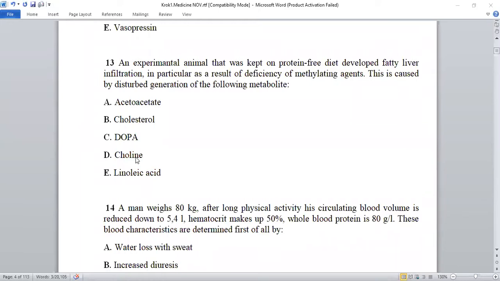All right. So in the liver, normally in the body, there are certain substances that either the body produces or we take in as an essential nutrient. And it helps in the process of exportation of fat from the liver.